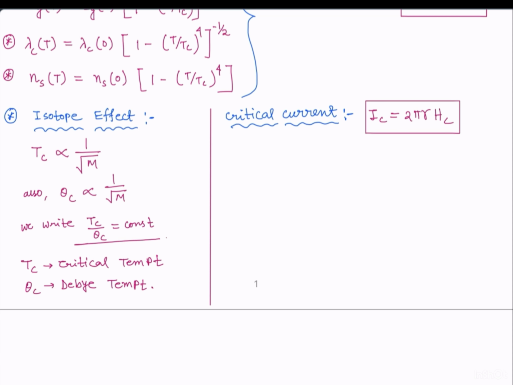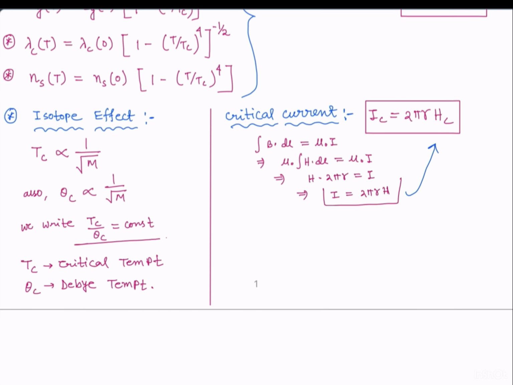It looks like Ampere's law. We know from Ampere's law, the closed integral of H dot dl equals mu 0 I, and H into the integration of dl, 2 pi r, equals I. So I equals 2 pi r H.